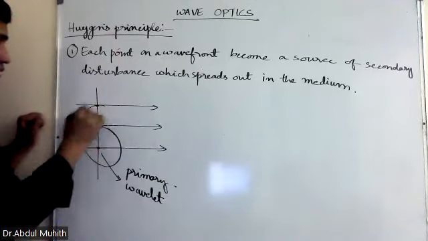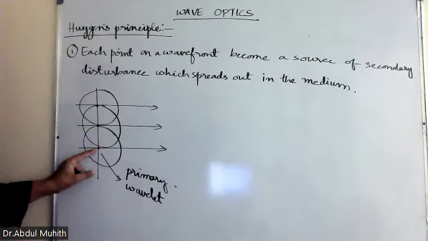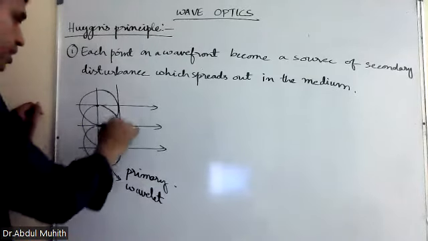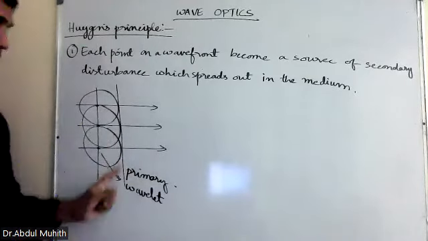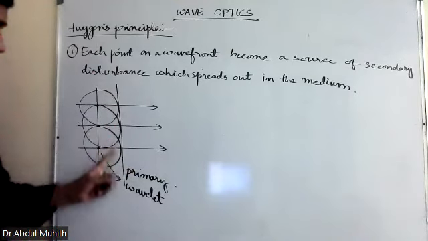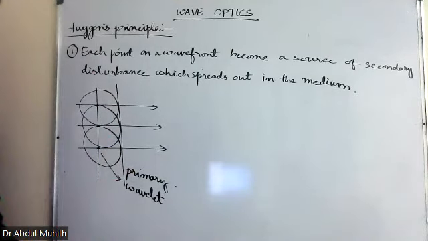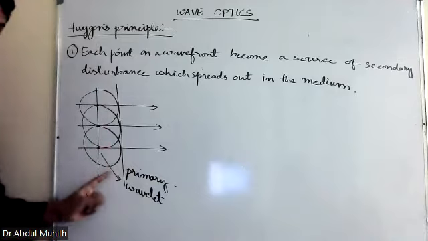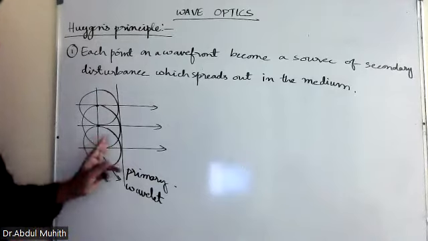This is second sphere, then this is second sphere. These points are the source of secondary disturbance. If you draw one more line, it touches the envelopes of all the spheres, which makes the next wavefront.